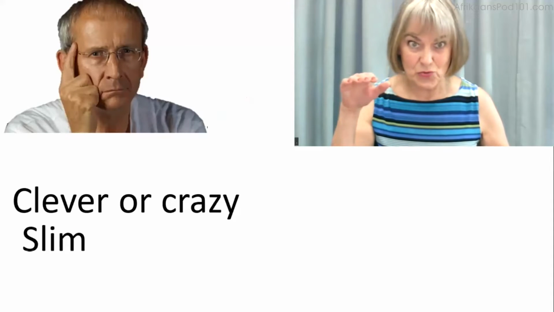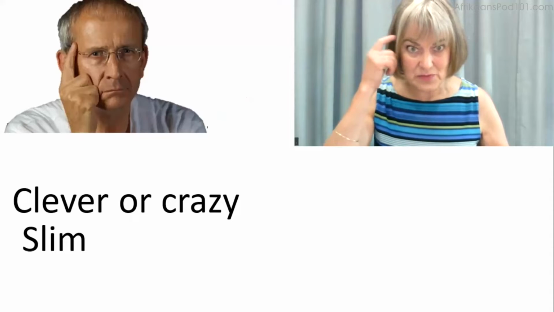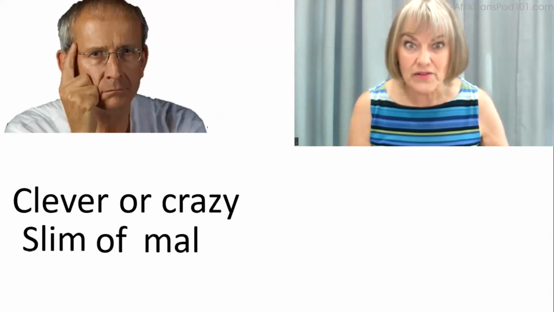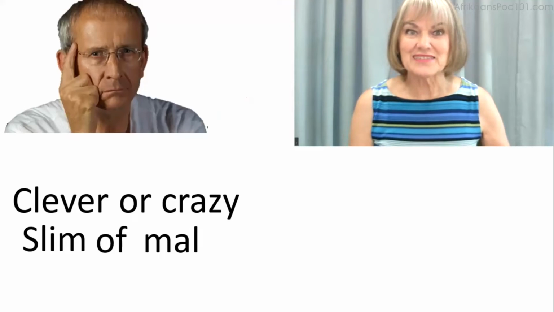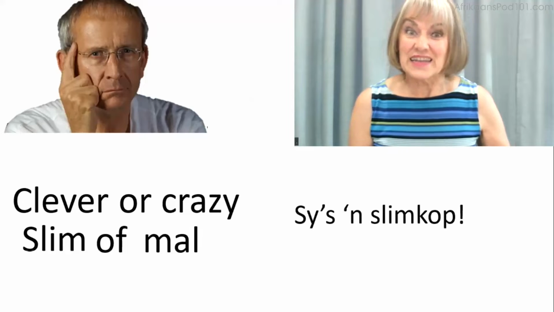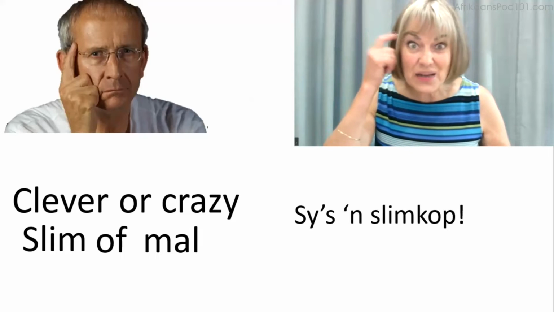The next one also has two meanings. It can mean clever, or it can mean crazy. Slim, which has nothing to do with weight loss, means clever, smart. Or mal, which is crazy. In Afrikaans, we have a very nice saying for being clever. You can say, sy's 'n slim kop.